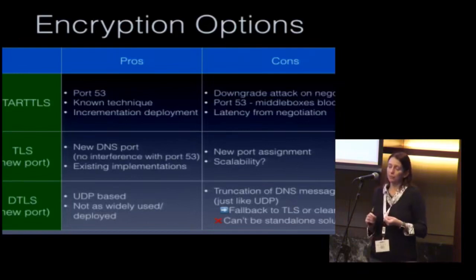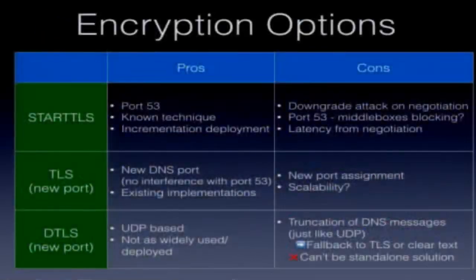If the response won't fit in the packet, the server cannot send the whole response, and it has to request the client to retry over another mechanism. When you're dealing with privacy, that means if you want to maintain privacy, you have to use another protocol like TLS, or you have to completely sacrifice your privacy and retry over clear text. So the upshot of that was that DTLS couldn't be a standalone solution to DNS privacy. You had to do DNS over TLS regardless if you wanted a deployable solution.